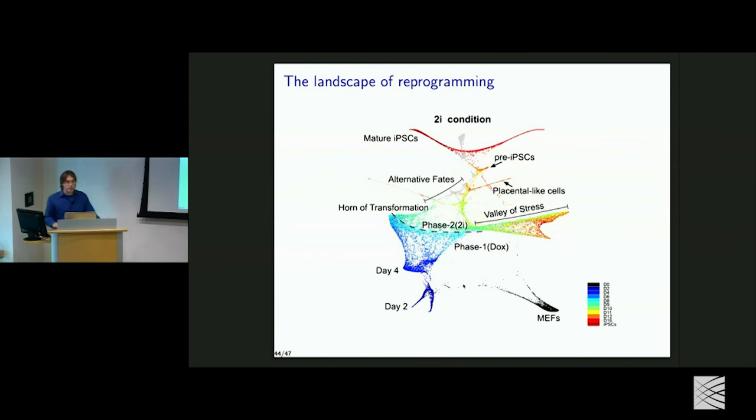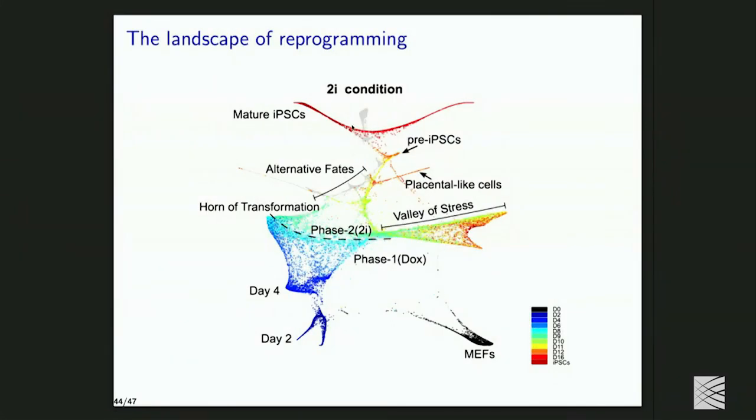I'll leave you with this picture. There's a lot of stuff in the data that I didn't have time to talk about. We saw some interesting copy number variation going on in the valley of stress. We also saw that some of the cells on their way to becoming mature iPSCs became placental-like cells, and there was interesting cell signaling from the placental cells to the iPSCs.